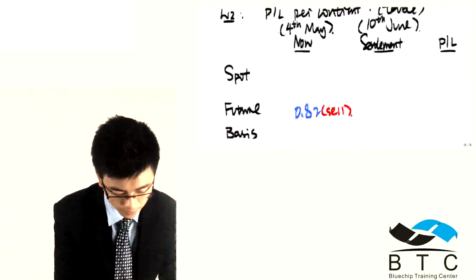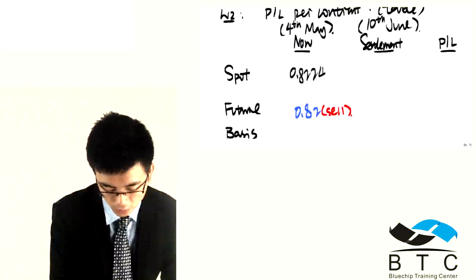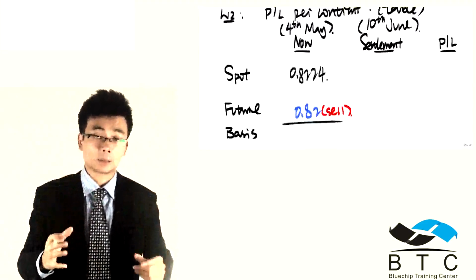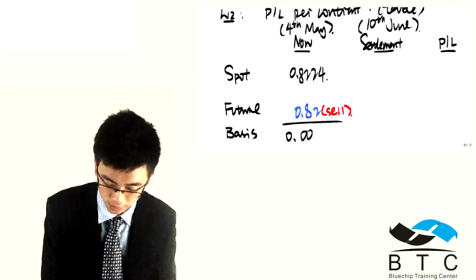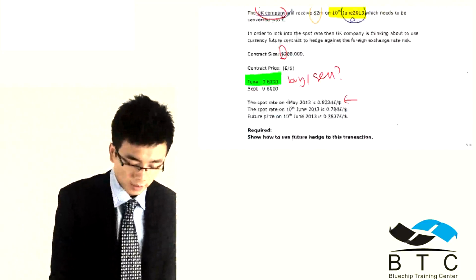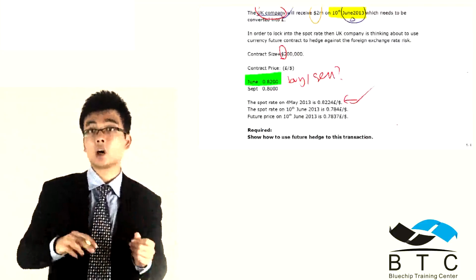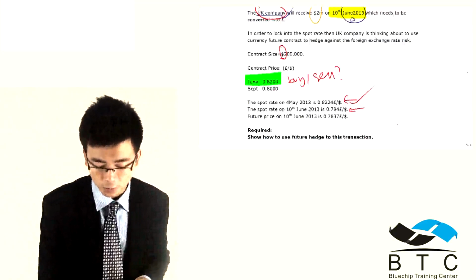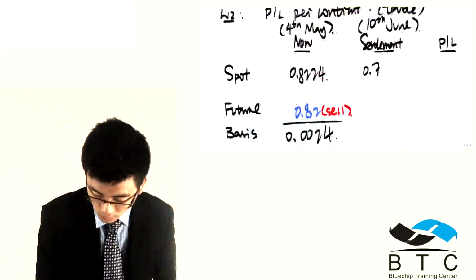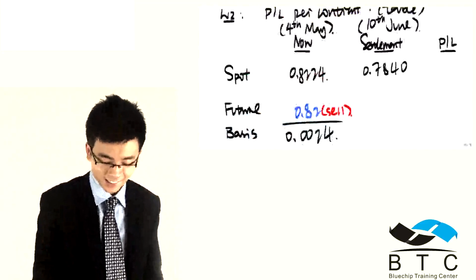0.8224. Okay, so one minus the other, giving us the basis over here, is 0.0024. Tick for that. Also, we are posing the question that the spot rate on the settlement date is 0.7840.